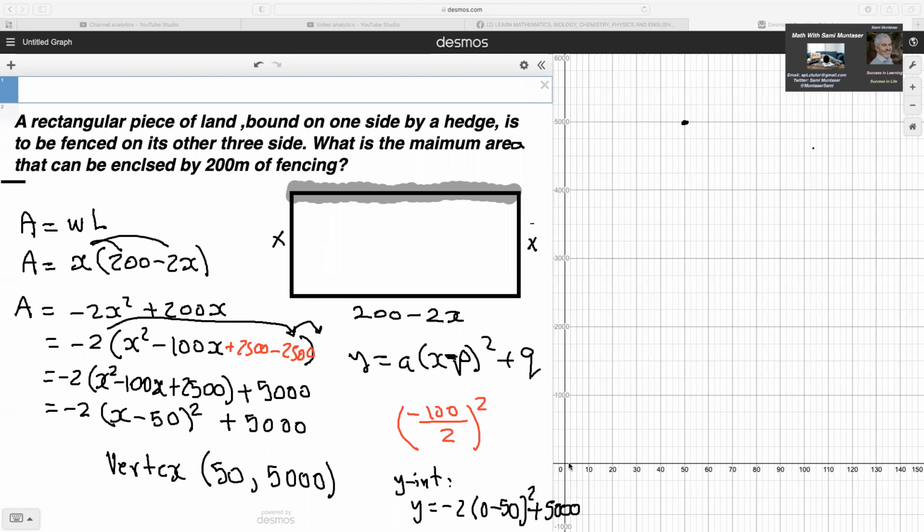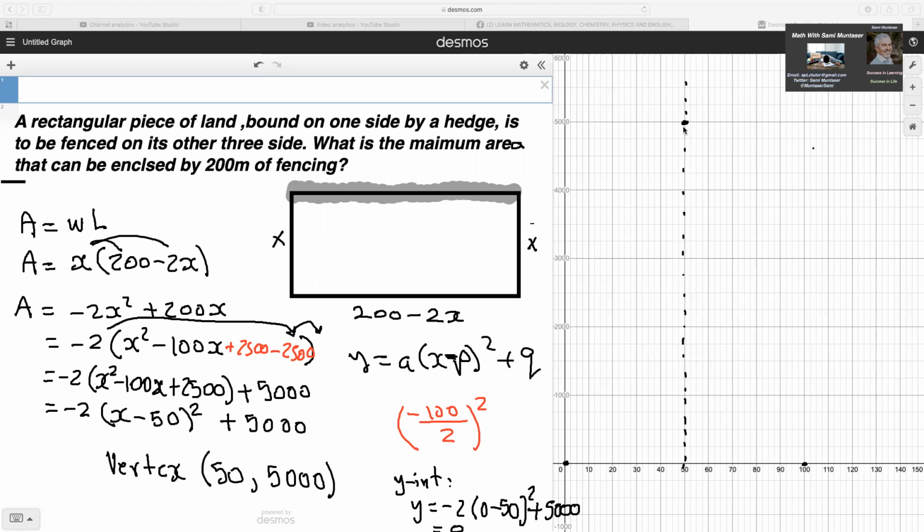Negative 5,000 plus 5,000 gives you 0. So when x is 0, y is 0. If you remember how to graph parabolas, this is your axis of symmetry right here, and this point is 50 away from the axis of symmetry, so you go 50 away from the axis of symmetry and you get your other point right there.